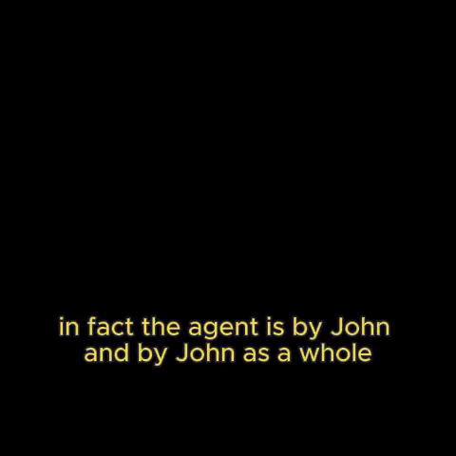So a book here is not the agent, it is the subject, but not the agent. And where is the agent? In fact, the agent is by John, and by John as a whole. Without by, we do not agree on the semantic role of agent. Okay? So it's by, which shows that something is done by somebody.